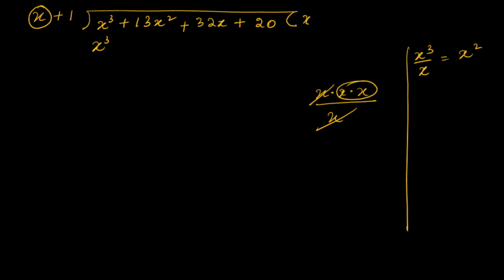This x square you write in the quotient. Now multiply x square with the second term of the divisor, which is 1. So x square into 1 is x square. This x square you write under the like term, under 13x square.